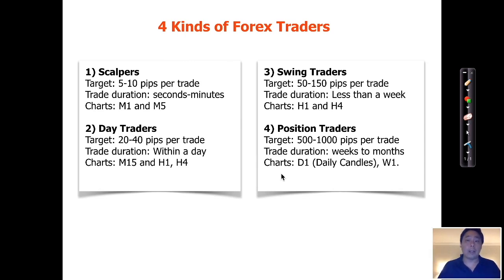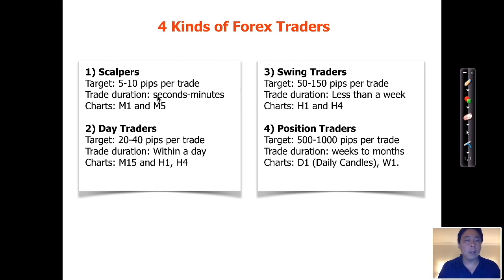Position traders will take even fewer trades because one trade lasts for a few weeks, months or even years. Day traders would look at charts and analyze based on 15-minute candles, 1-hour candles or 4-hour candles.